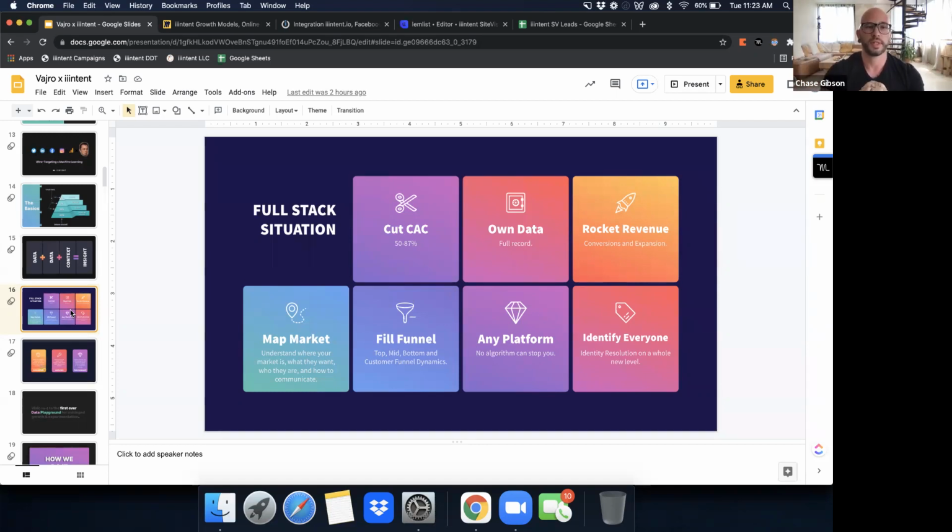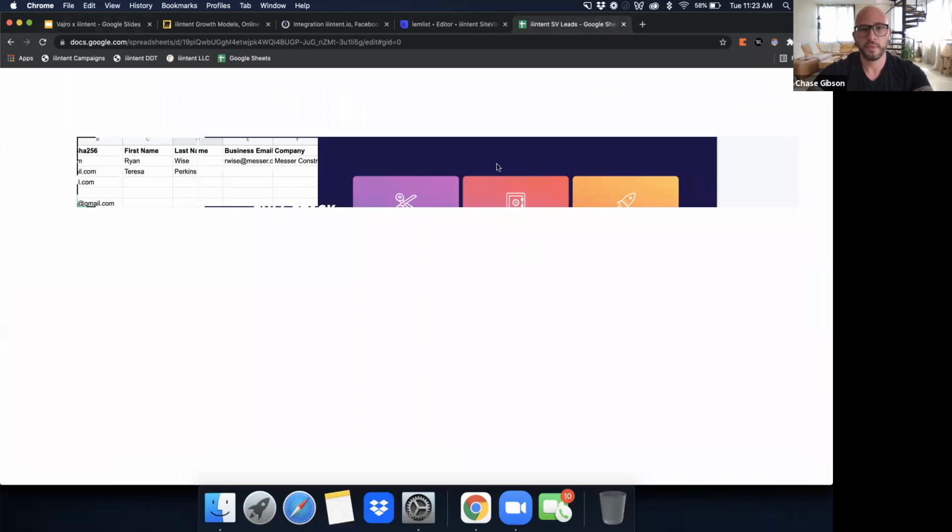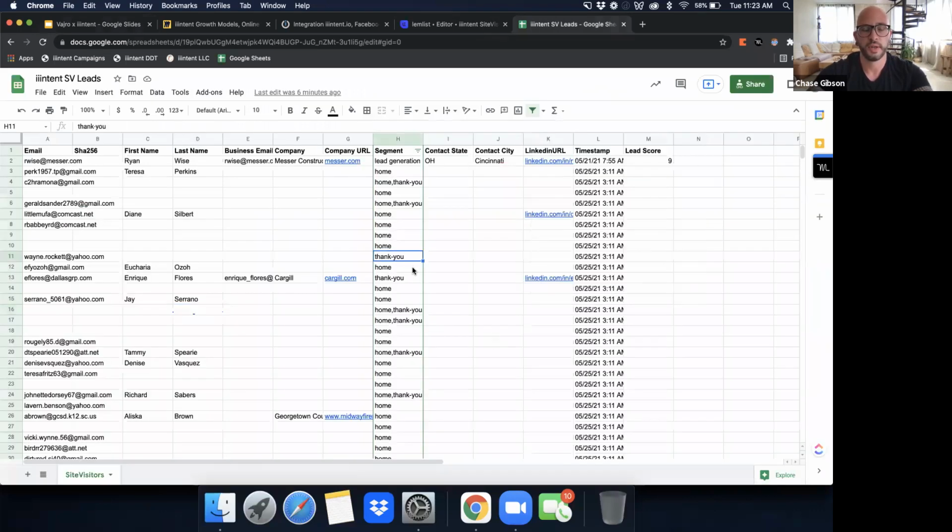That way you can really split test and get down to the nitty gritty. If you're doing those Facebook groups, you can continue to reuse that data over and over. And after a while, you're going to already have a pretty big list of people coming to your site that have gotten to the thank you page.